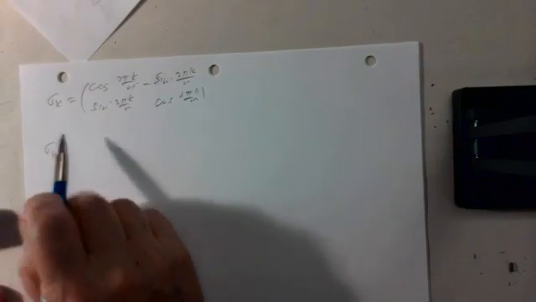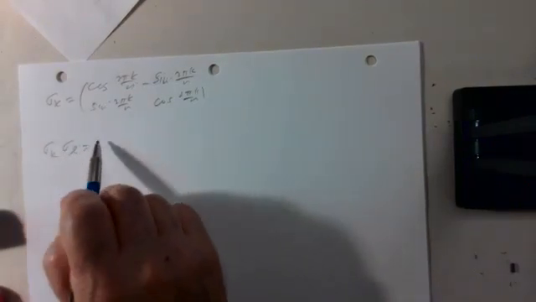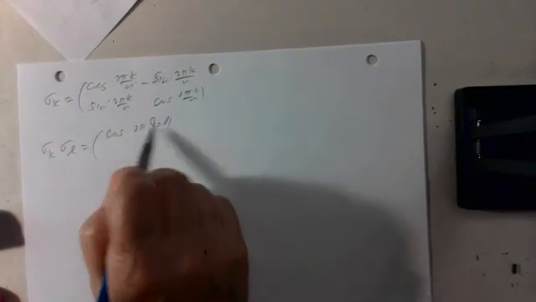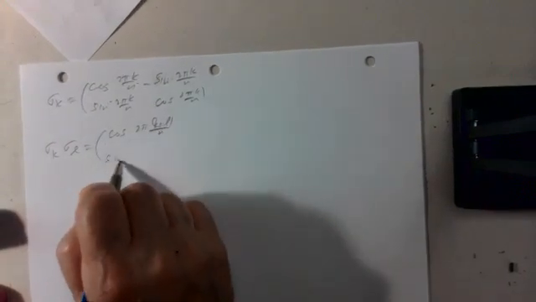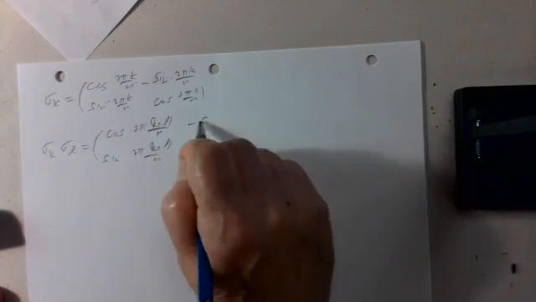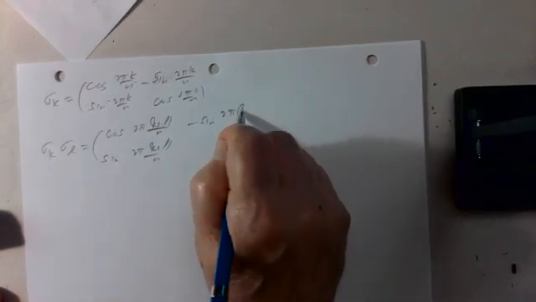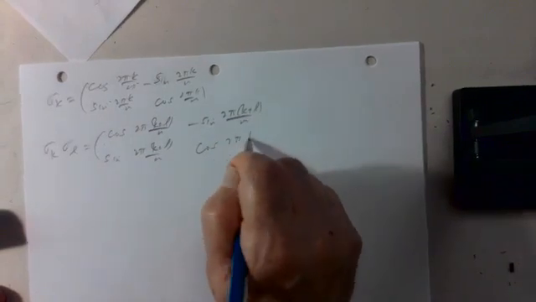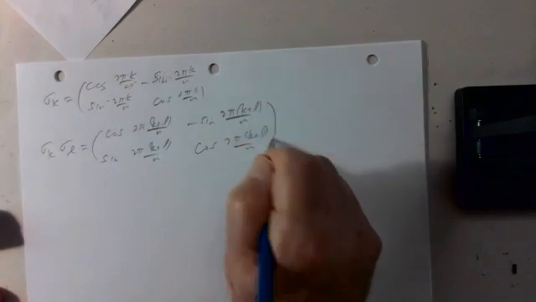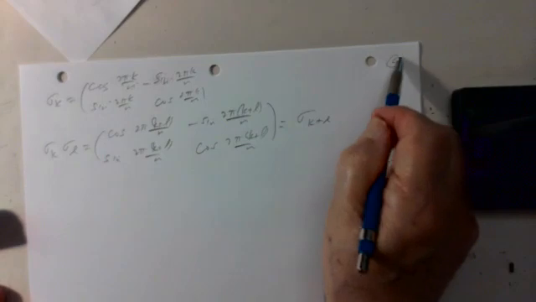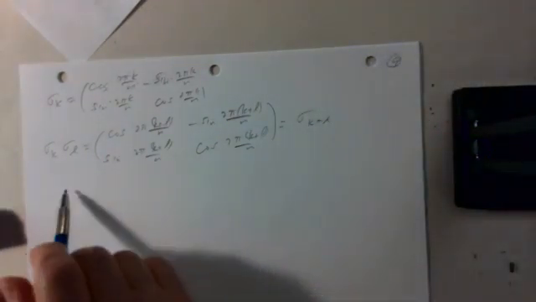If you multiply sigma k by sigma L, you get cosine of 2 pi (k plus L) over n, sine 2 pi (k plus L) over n, minus sine 2 pi (k plus L) over n, cosine 2 pi (k plus L) over n. This is exactly sigma of k plus L.